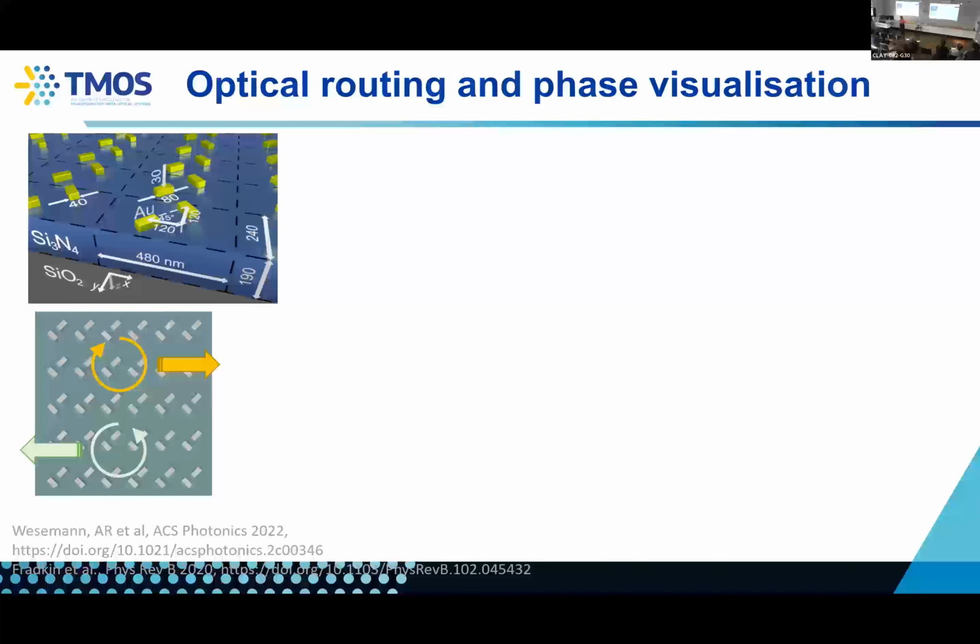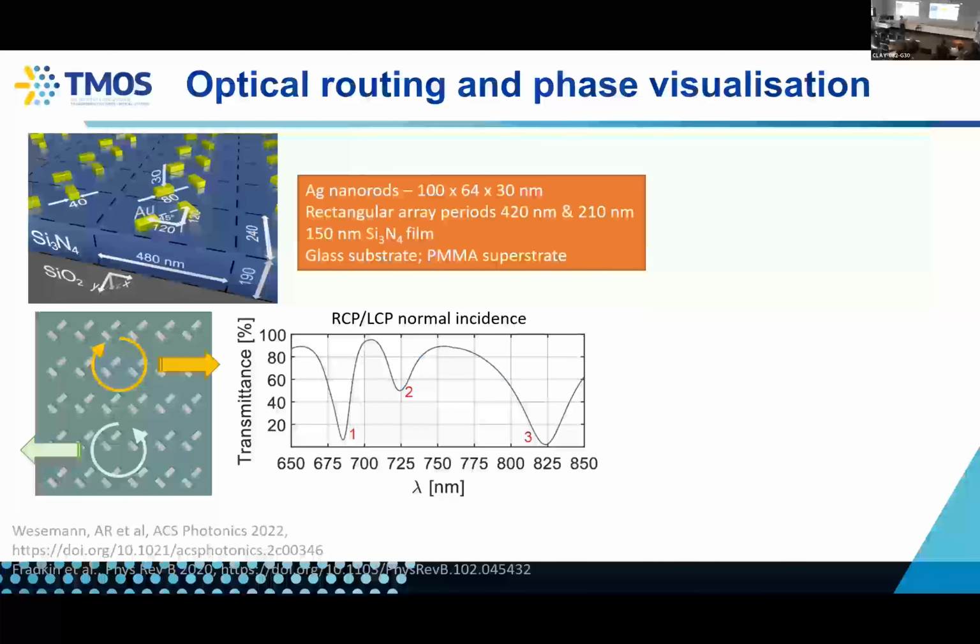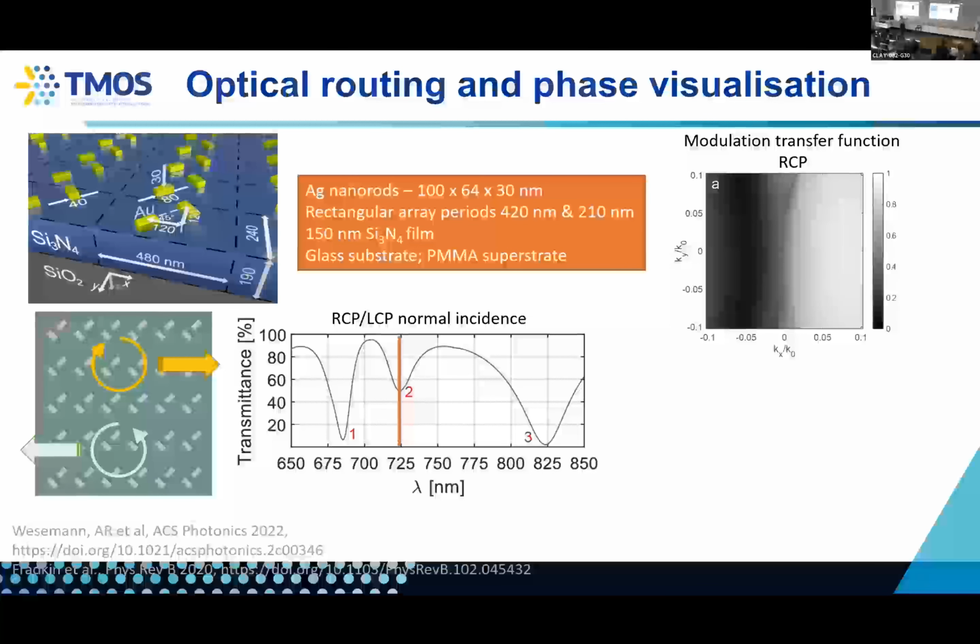So if we model this device, we came up with some specifications that worked for our particular application. If we look at the normal incidence transmission and look at that particular resonance there, and this is our modulation transfer function. The phase transfer function is not very interesting, so it's fairly flat, but it is something we've looked at.